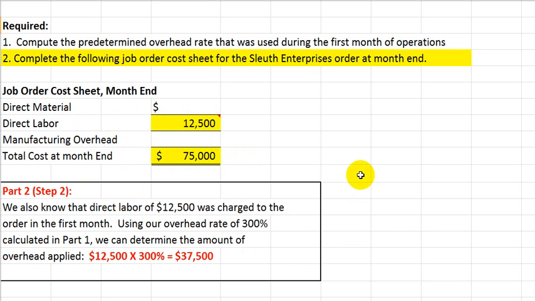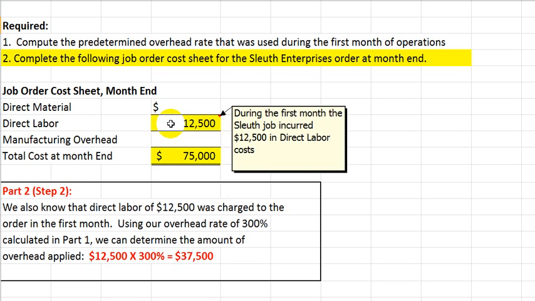Let's move on to the second step. In step two, another fact that we know, in addition to the $75,000 being the total cost, is that the Sleuth project incurred $12,500 in direct labor costs during the first month. And so we can immediately put the $12,500 into the direct labor line.